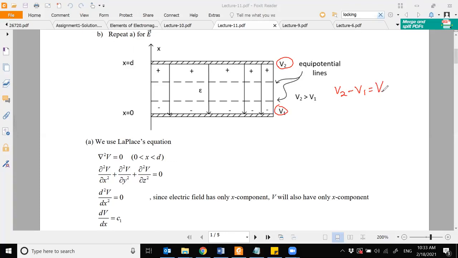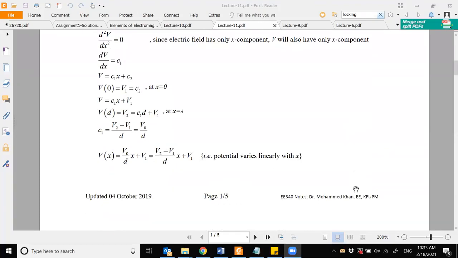If I assume that the potential difference is V0, then I will replace V2 minus V1 with V0. So now I'm substituting both in this expression.